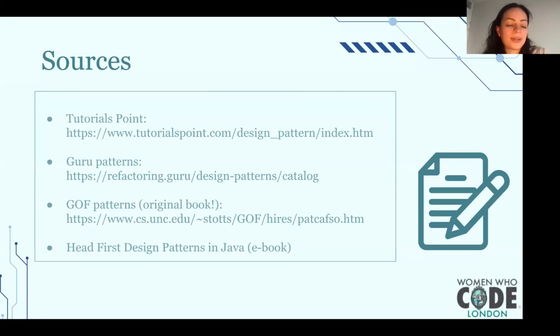And yeah, you can also refer to Head First Design Patterns in Java, which is an ebook. It can be found for free, you just need to try to find it. And they also have very good explanations on design patterns in Java and design patterns in object-oriented programming.